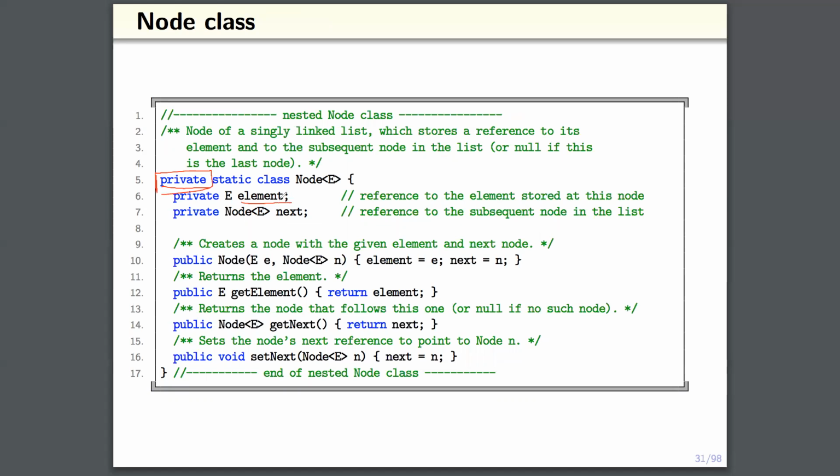It has an element, it has the next pointer, and there is a constructor where you give the data as well as initialize the next pointer. Then you have get element to get data, get the next pointer, and set the next pointer.